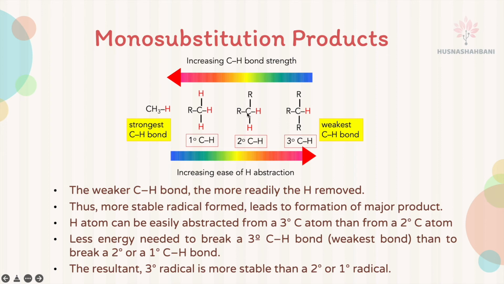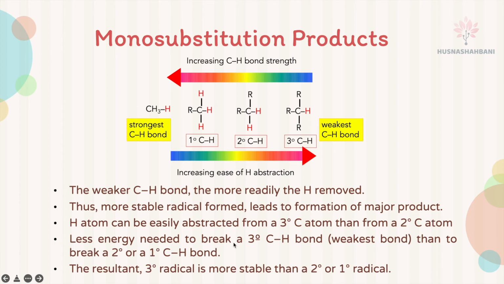The secondary carbon, when it loses one hydrogen, gives a radical less stable than tertiary. Tertiary is most stable because an alkyl group is an electron donating group, so it donates electron density to the carbon. A hydrogen atom can be more easily abstracted from the tertiary carbon than the secondary carbon.